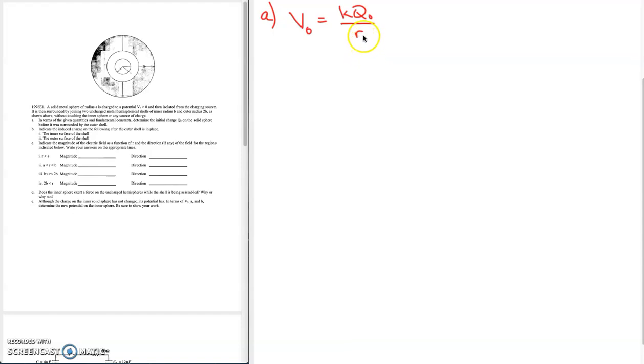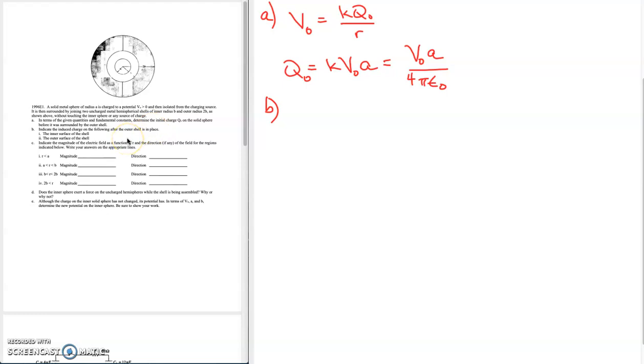In this case, we know what r is, k is a constant of the universe, and V naught is one of the givens. So we can just rearrange this equation to solve for the charge on the sphere. In this case, the radius is a. Now, we could also say k is 1 over 4 pi epsilon naught, so if you prefer, you can have 4 pi epsilon naught in its place.